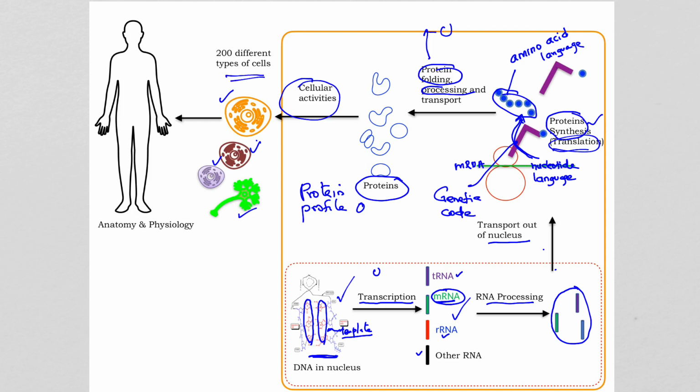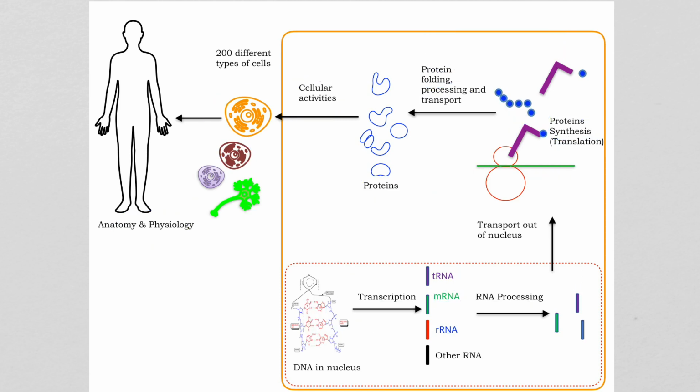That's why they are specialized. And all of these 200 different types of specialized cells will then carry out their functions necessary for our survival, our anatomy, and physiology. So you can clearly see how important DNA information is, that indirectly affects our anatomy and physiology. Very important relationship, a big picture to understand for healthcare professionals.